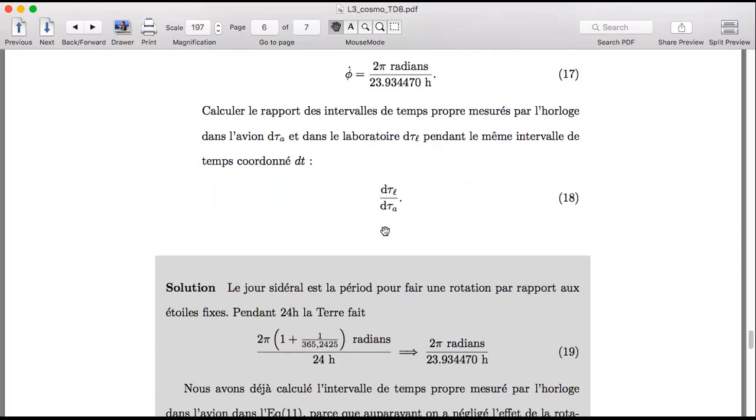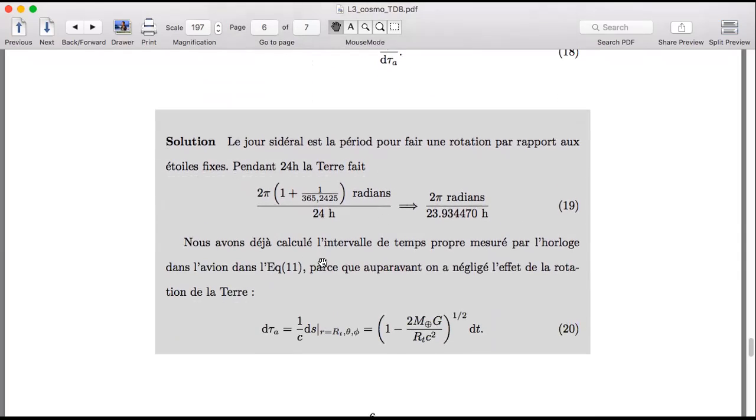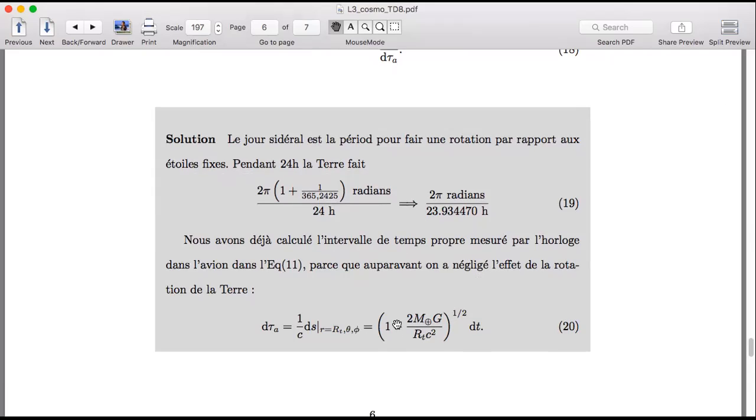We want to compare these two, and we use the same tricks that we've been using up till now, but now we have just the Earth to deal with.